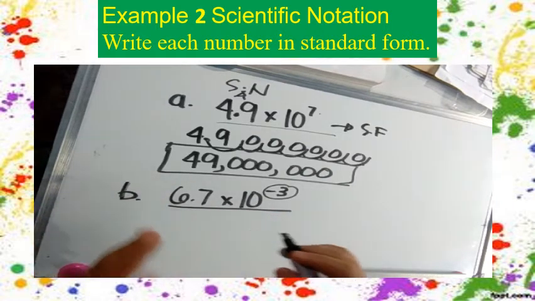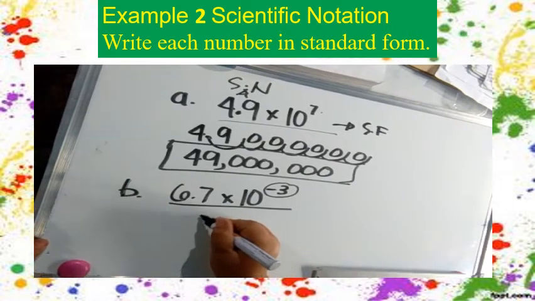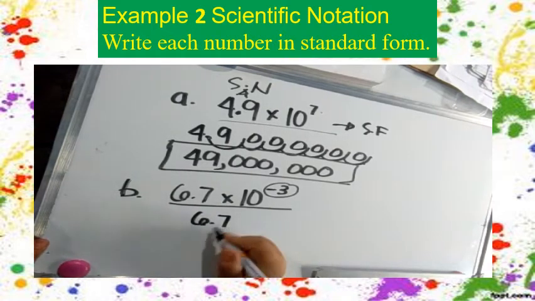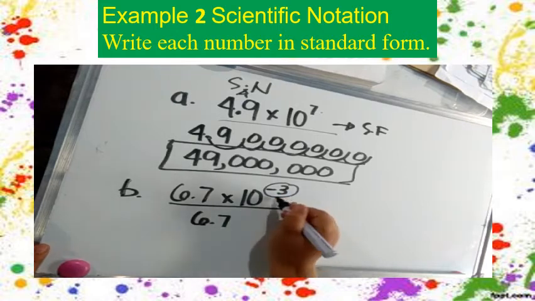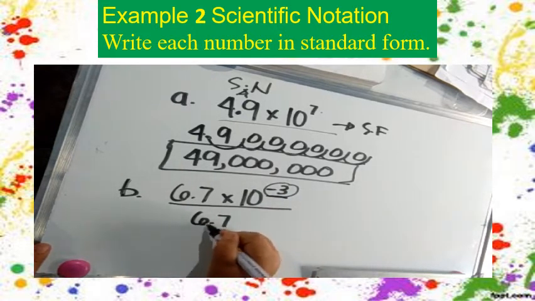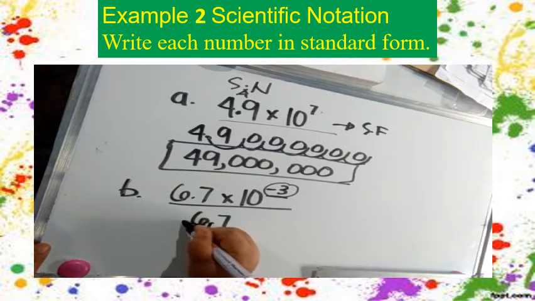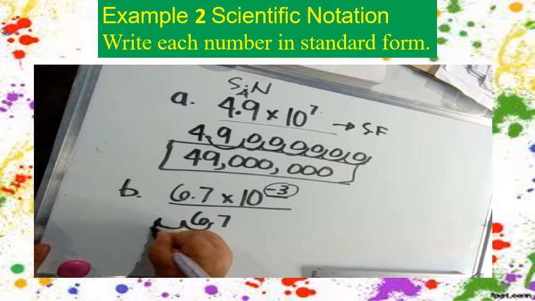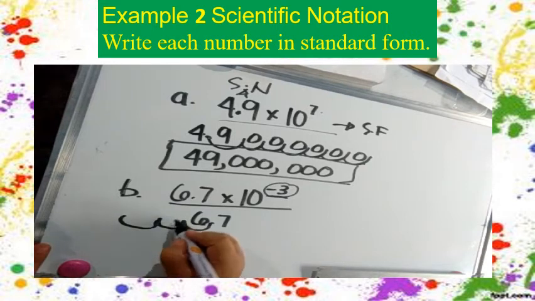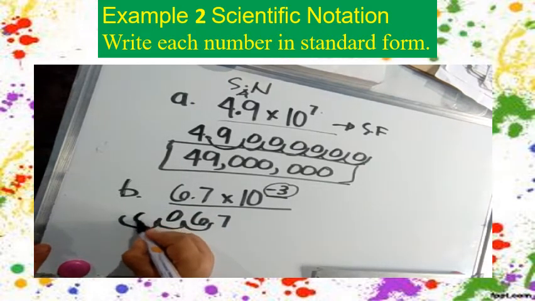Remember, move to the left. So, therefore, 6.7, we move to the left. How many places do we move? Three, because our exponent is negative 3. Okay? Let us count. 1, 2, 3.